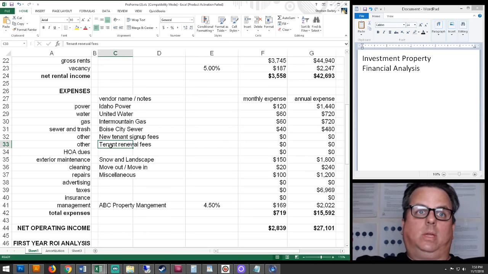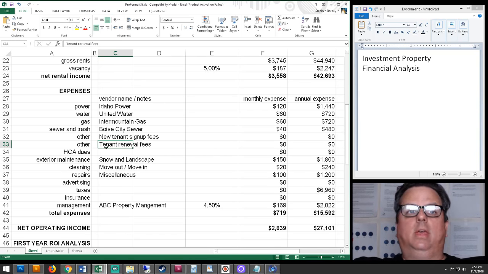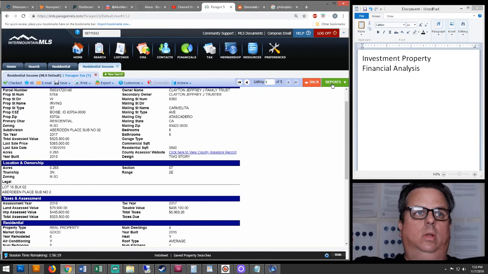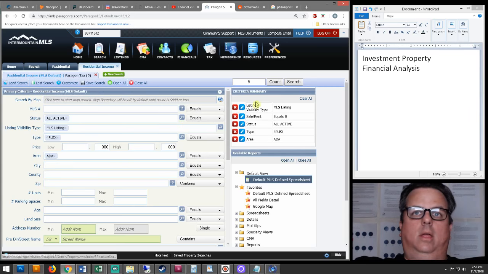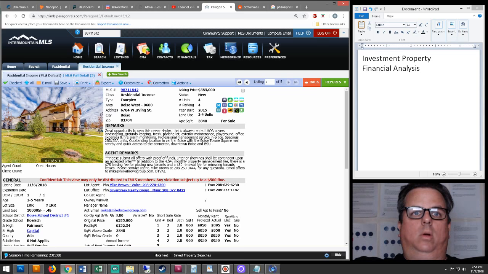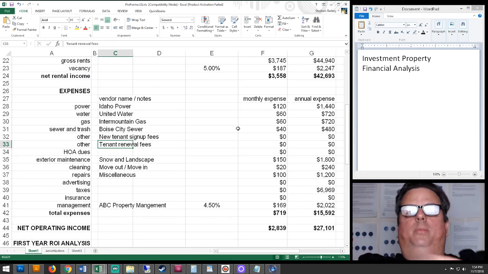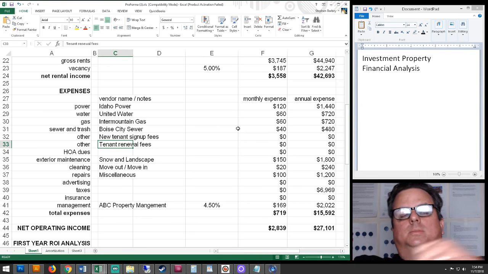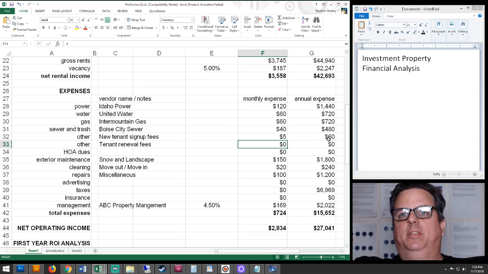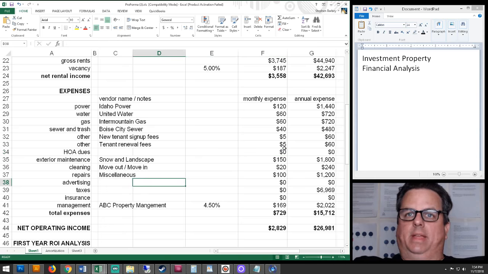So if they're renewing, if it's 2 year leases or 3 year leases, this is only going to come up every so often. But in this listing, I think they said that it was 75 for new and 50 for renewals. So 75 for new, if we did $5, that ends up being 60 a year, and renewals, I would just do something like that.